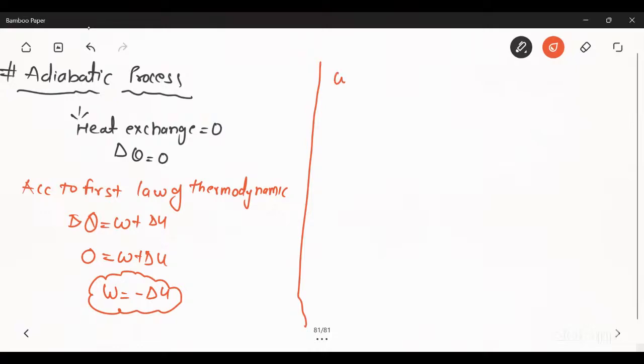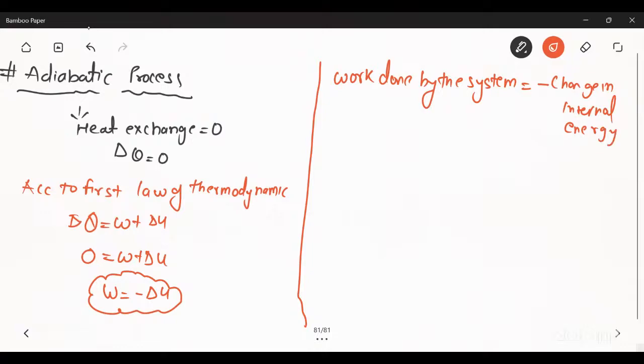That means work done by the system is equal to negative of change in internal energy. Okay. Now see the condition in adiabatic process. Adiabatic process is a process in which heat supplied to the system is zero.